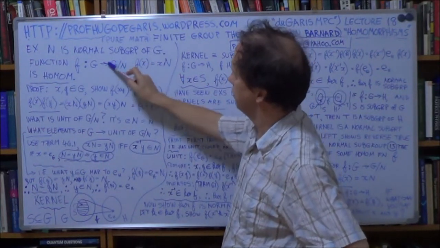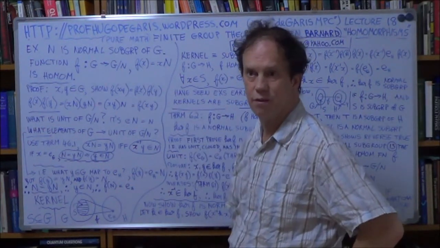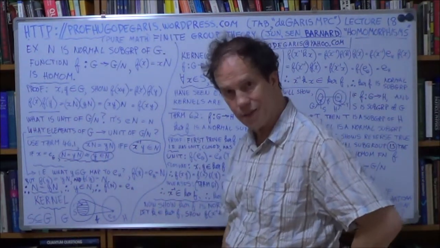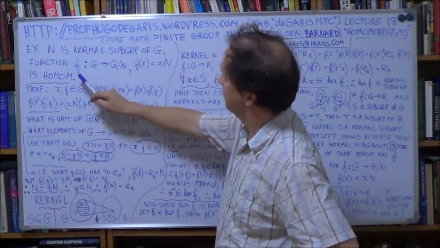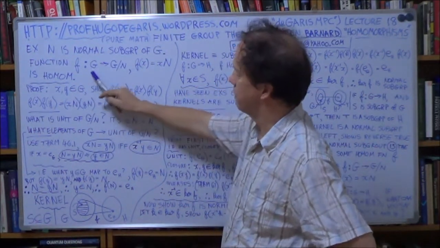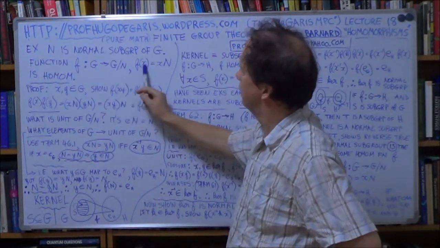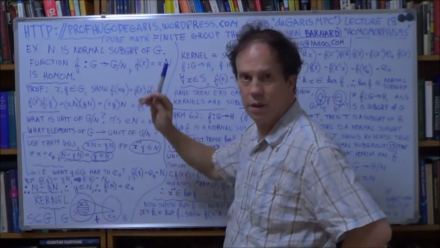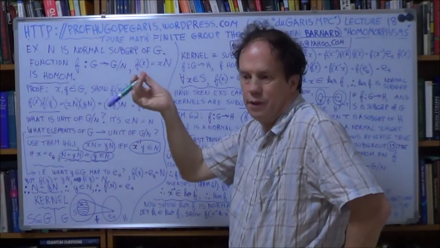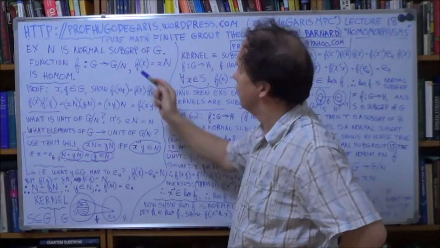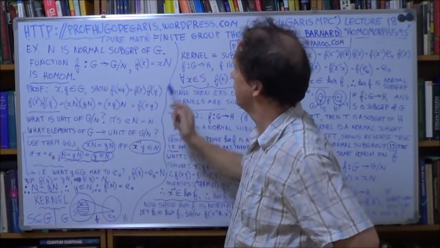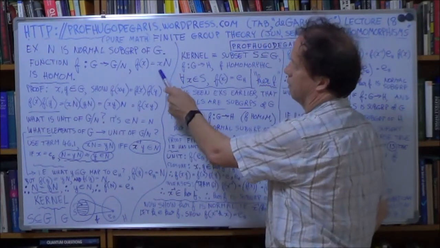So you know that a quotient group consists of what? Cosets, right? So this function here will map just some element x into one of the cosets of this quotient group, right? So let it be xN.